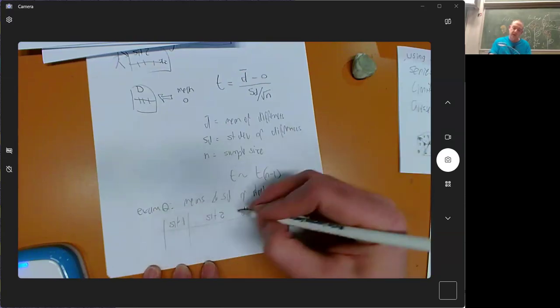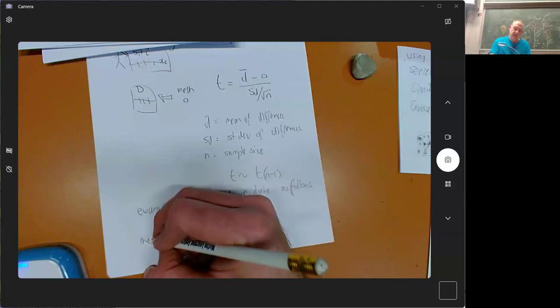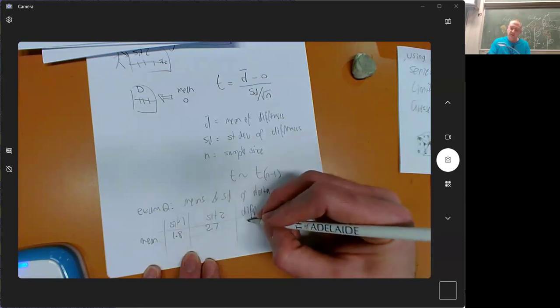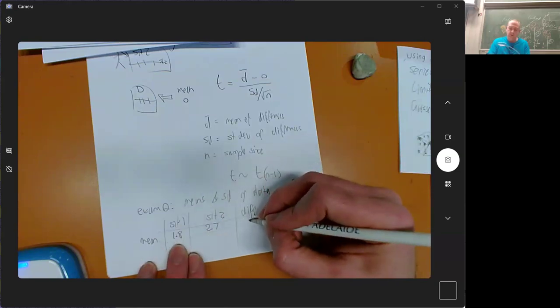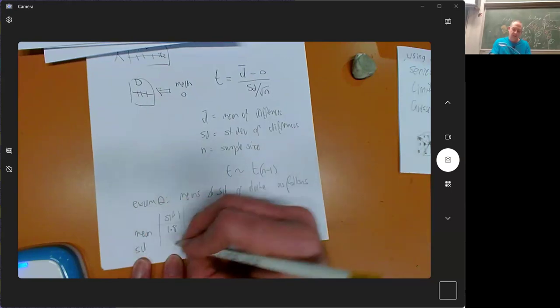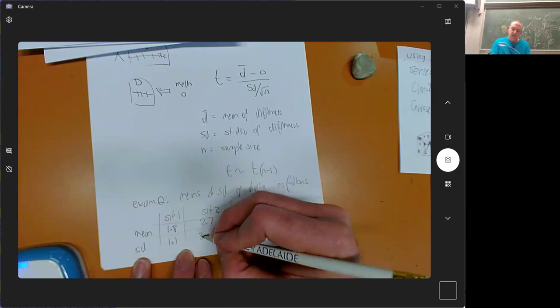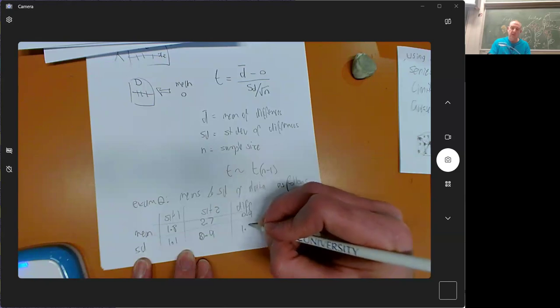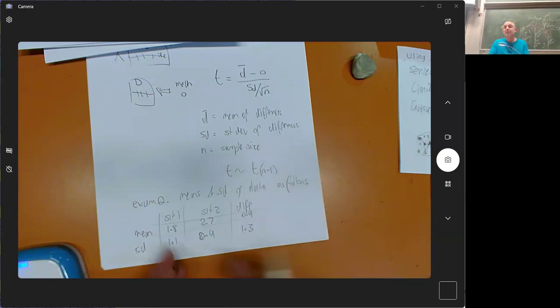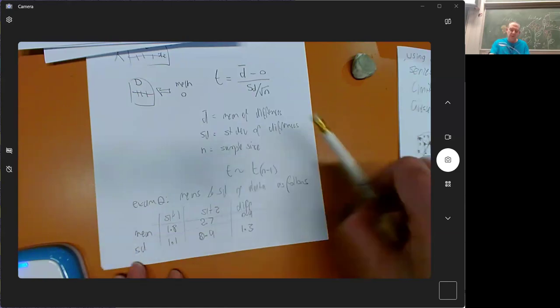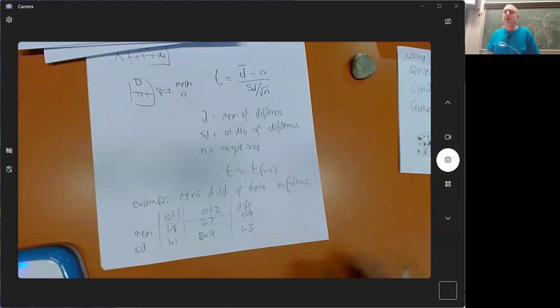And it'll say the mean, 1.8, 2.7, and 0.9. And the standard deviation is 1.1 and 0.9, 1.3 or something like that. And they'll give you this information. And the sample sizes, well, they're all the same.